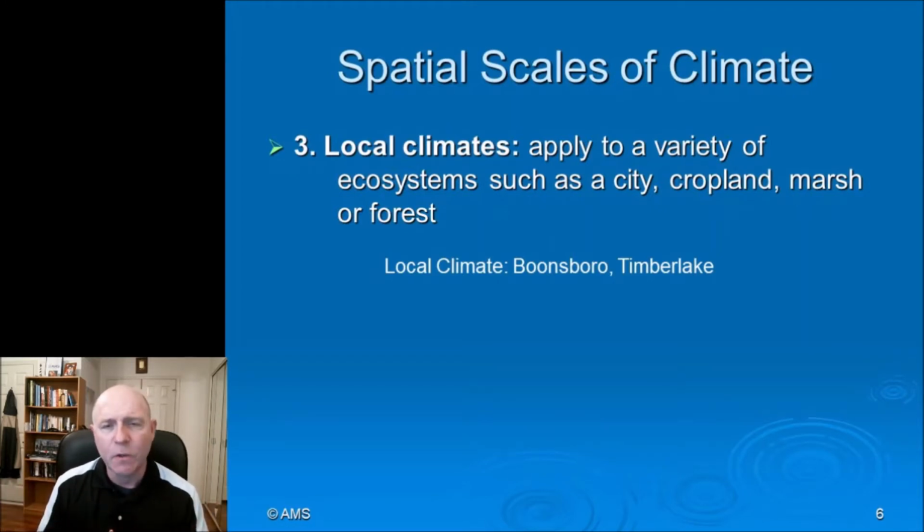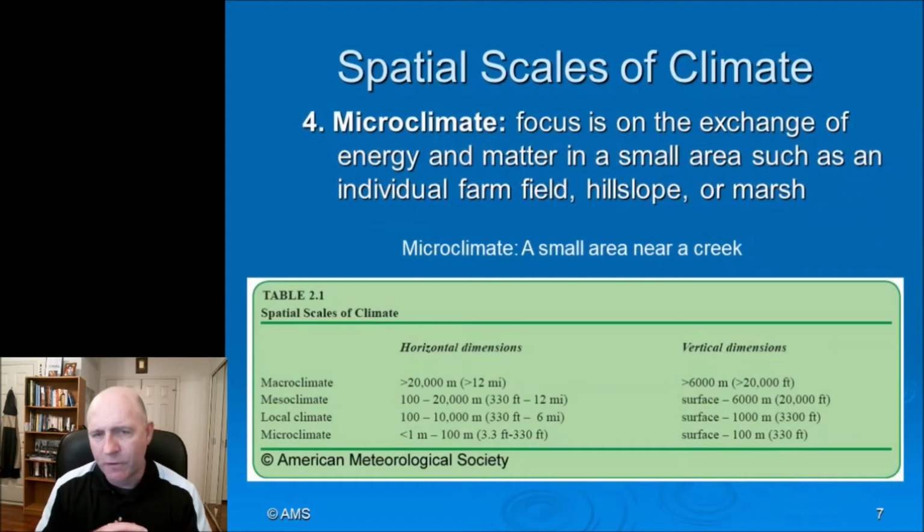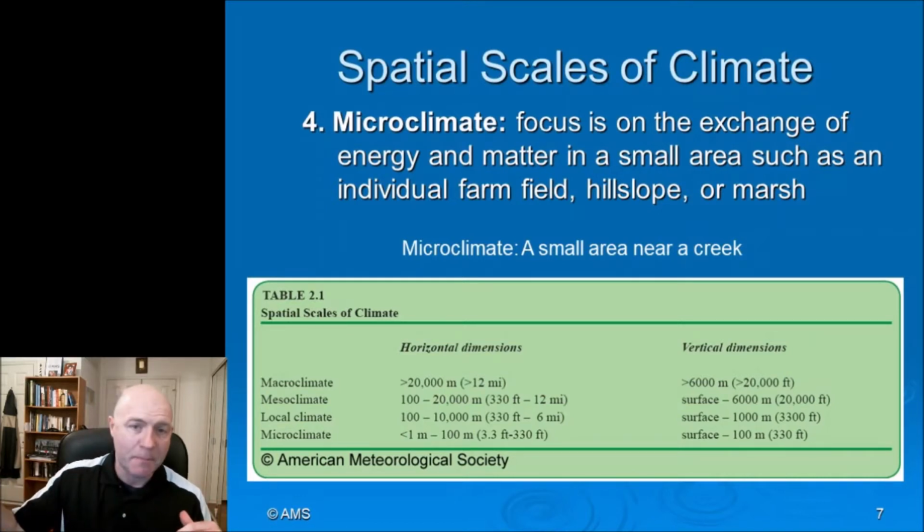That's kind of a local climate. And then one step further down is a microclimate, and that's a very tiny area, just a few square feet or square meters, an individual farm, a field, the slope of a hill, a marsh, an area near a creek, the top of a mountain, a ski slope. Those are all examples of a microclimate.